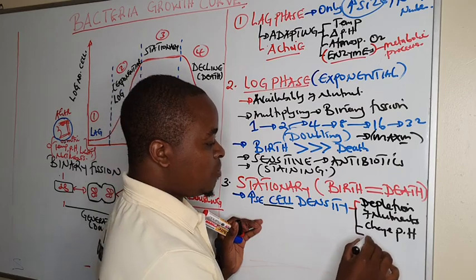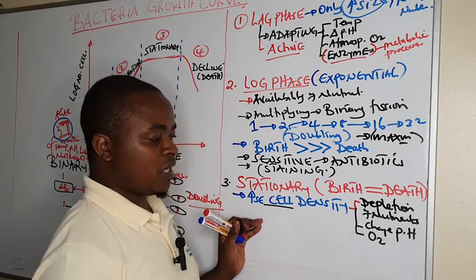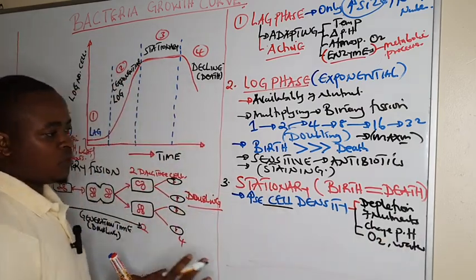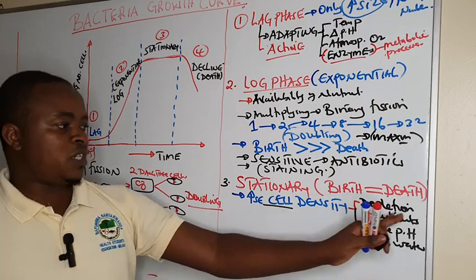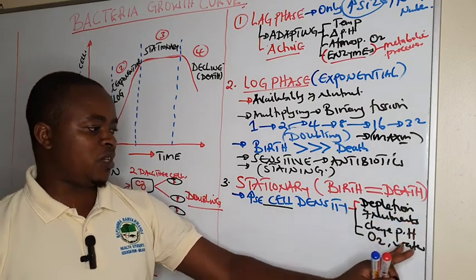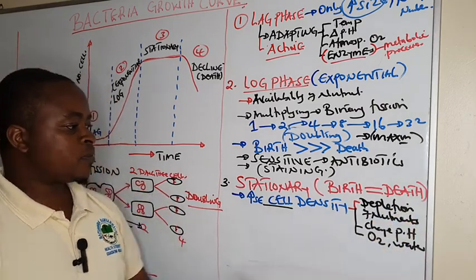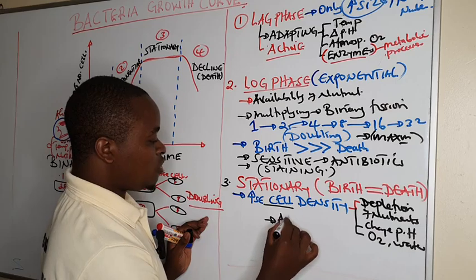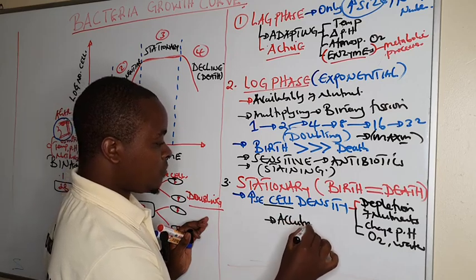They can lead to depletion of required environment like oxygen and water, and this changes due to depletion of nutrients, change in pH, oxygen and water, and the change in pH is brought about by accumulation of toxins.